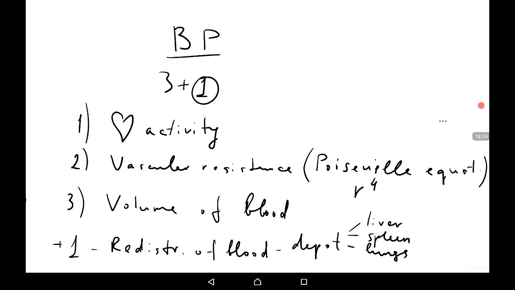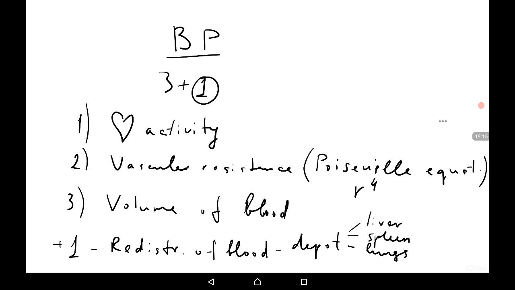So the amount of blood is only 5 liters approximately in the body, and it is not enough for all organs to maintain the normal blood pressure. So to maintain the normal blood pressure, in the case if all blood vessels will lose their tone, the volume of blood that will be needed is 20 liters.